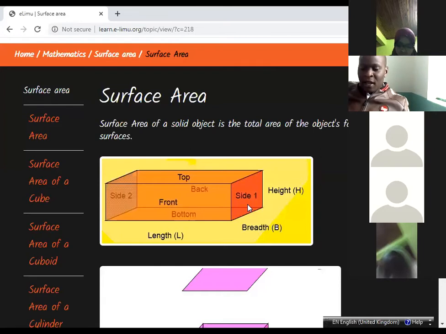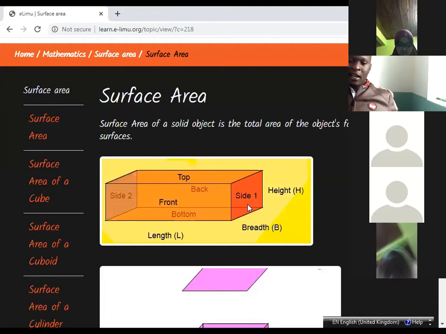So to get the area of that particular side, we shall take 5 times 10, which is 50. Yeah, so side 1 is 50 centimeters squared, but remember it is the same as side 2. So side 1 and side 2 will be 50 times 2, which is 100 centimeters squared.